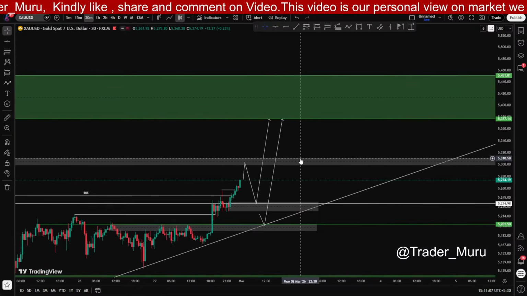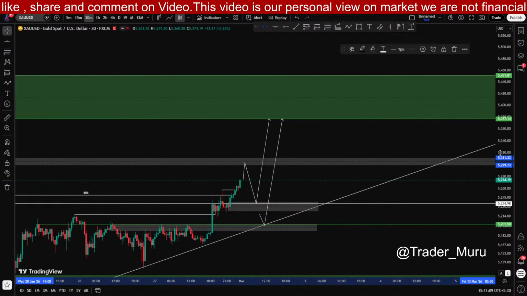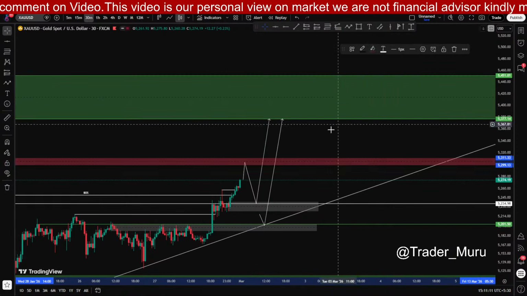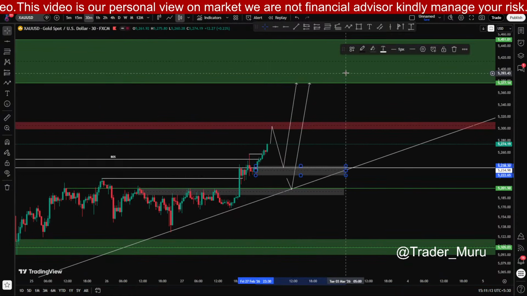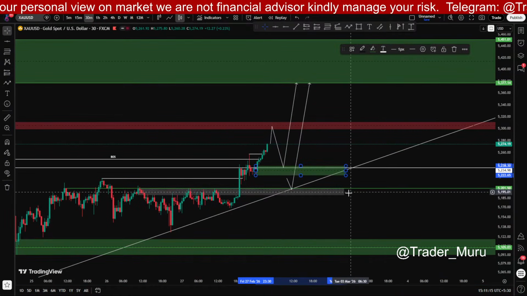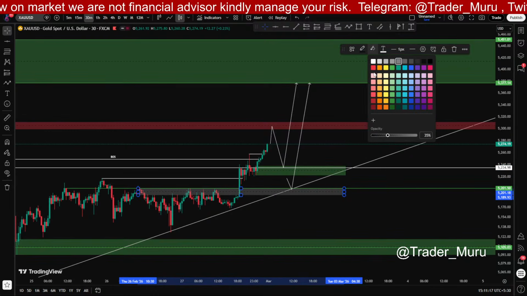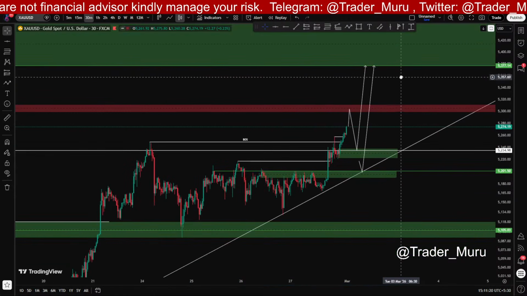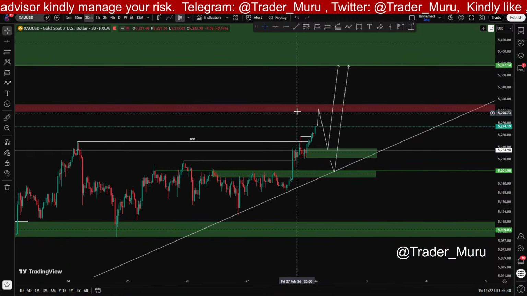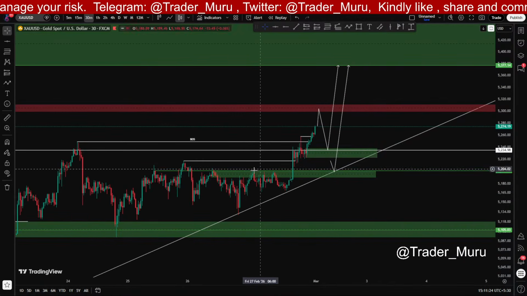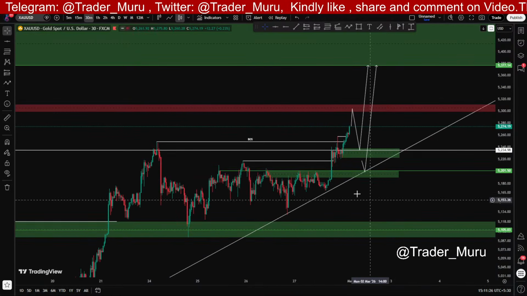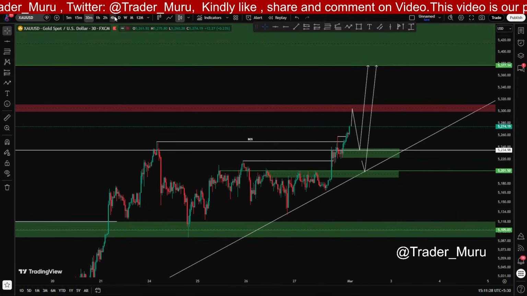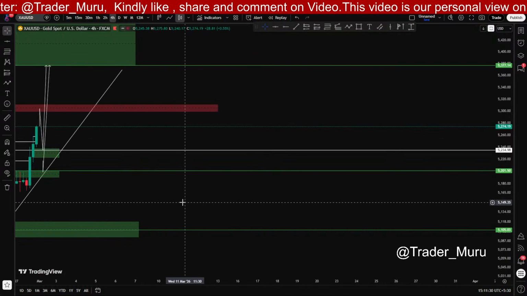So this is our current resistance around 5300 and 5311. This is resistance, and these two are support levels. So watch for long from here, and do not try to short gold before any major structure shift. And our major structure shift will be in the 4-hour time frame.